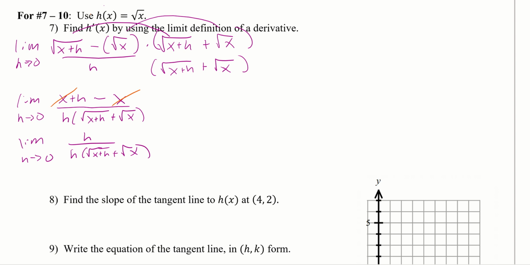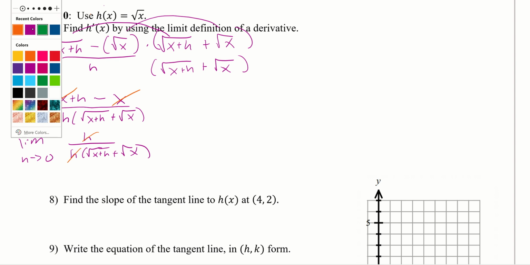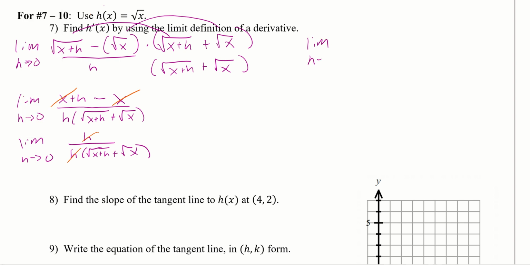Now these cancel. And so now I'm left with the limit as h goes to 0 of 1 over this stuff, square root of x plus h plus square root of x. And now actually you're going to take the limit.